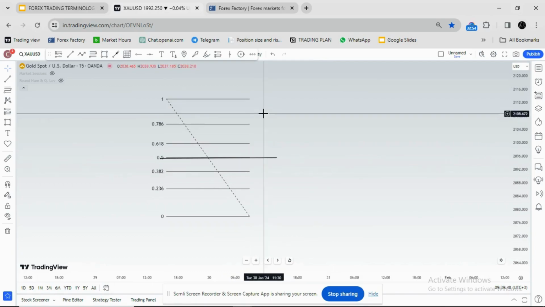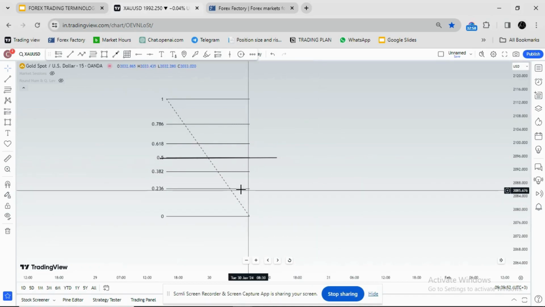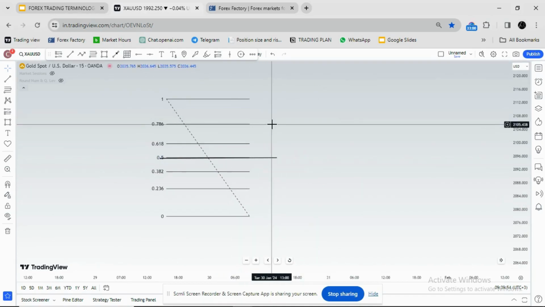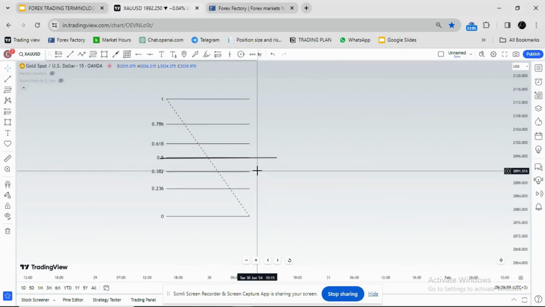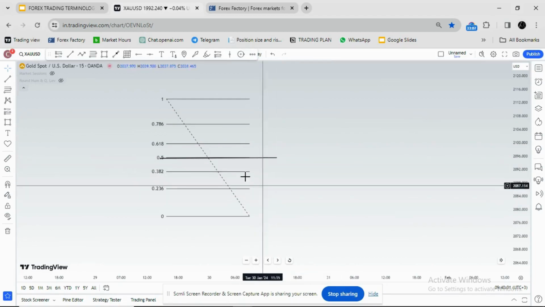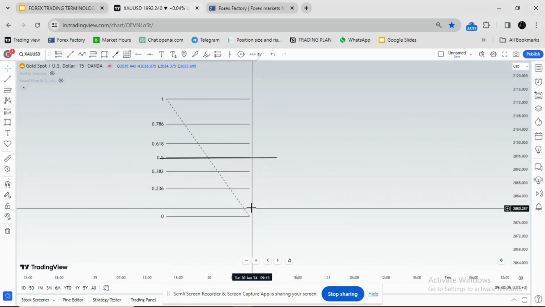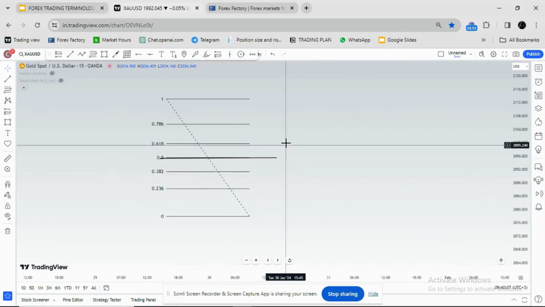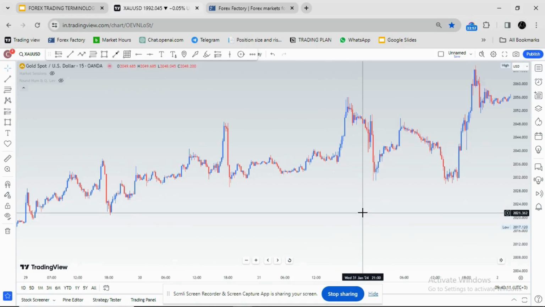When price moves to premium prices, there's a high probability of price selling. They normally say we buy at discount, we buy low, and buying low is buying at discount, and we sell high, and selling high is selling at premium.